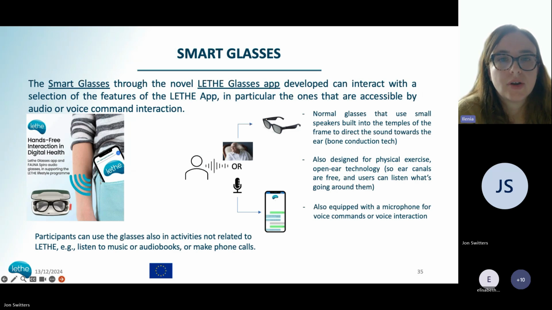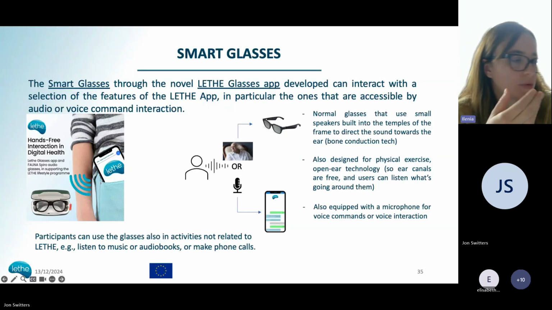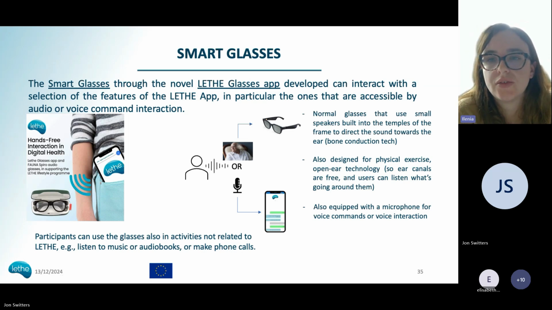Now I'm going to present to you the smart glasses and their function. They are normal glasses that use speakers built into the temple of the frame to direct the sound toward the ear, using bone conduction technology.